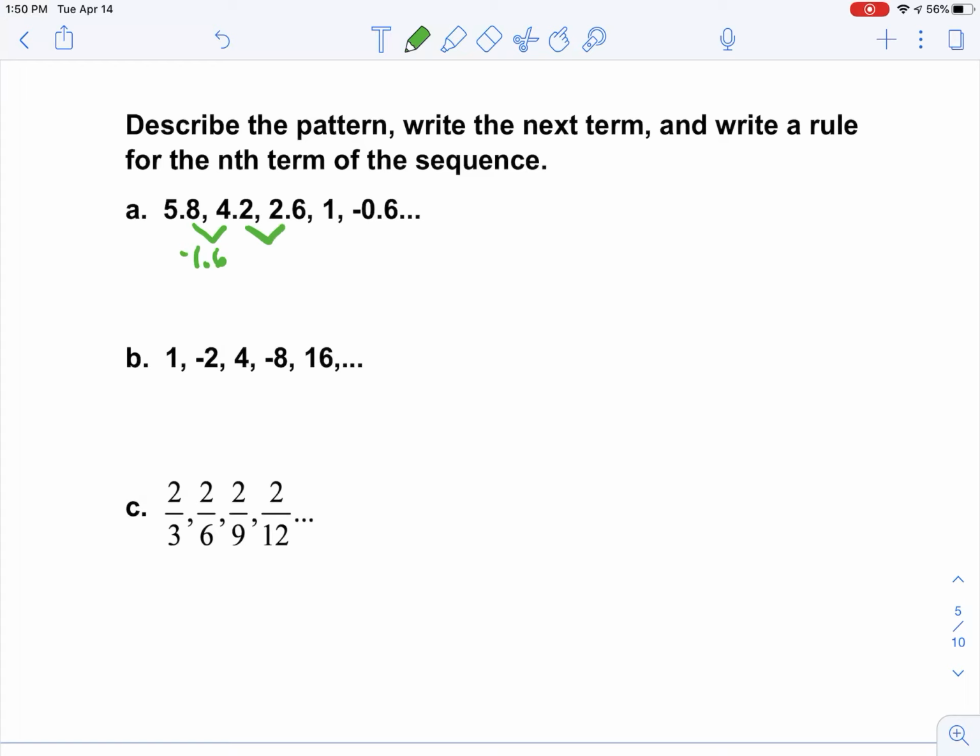Let's check it again. 2.6 minus 4.2, and I get negative 1.6. So I can add or subtract. If I do that, that's going to be an arithmetic sequence.